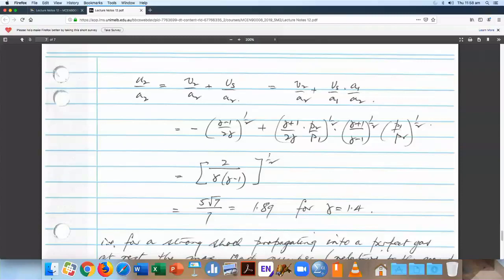It's V2 over A2 plus US over A2. And so that's US over A1 by A1 over A2. So I can fiddle around here. I get this final result, the maximum I can get for a very strong shock, is, if I evaluate all of this, 2 over gamma into gamma minus 1 to the 1/2.